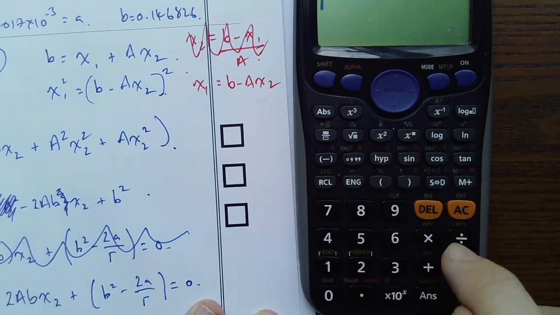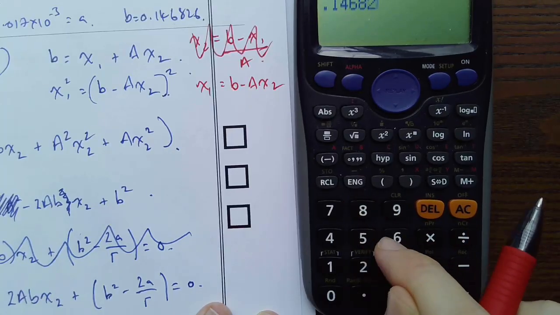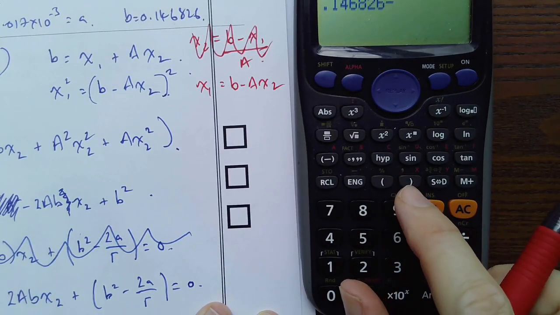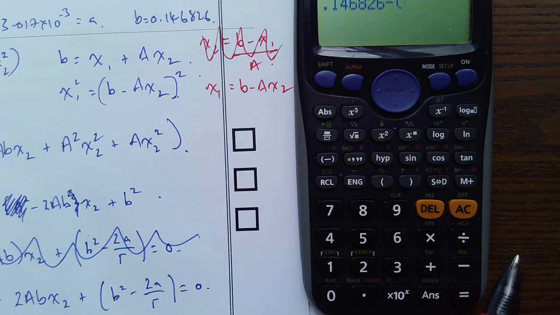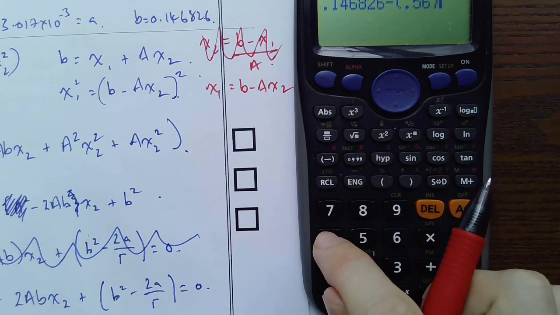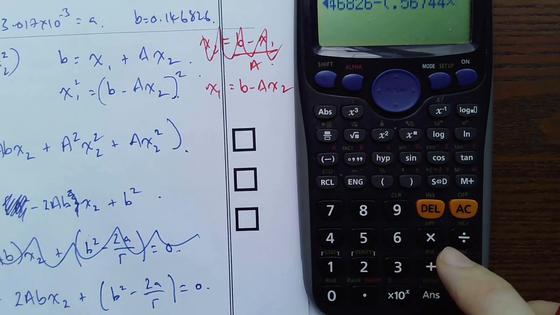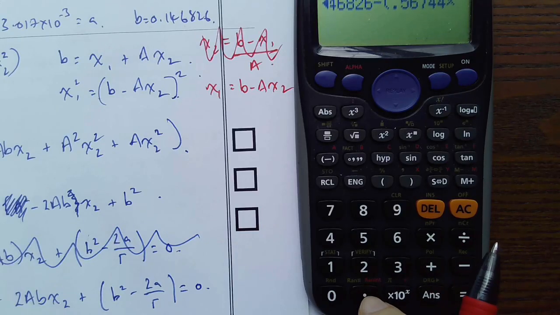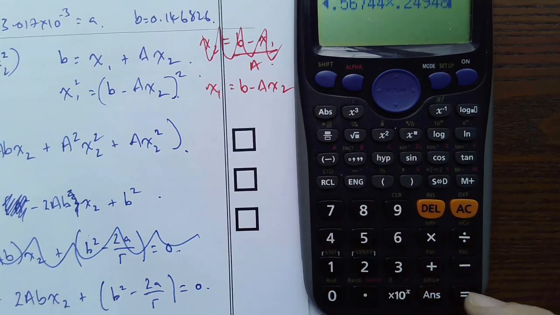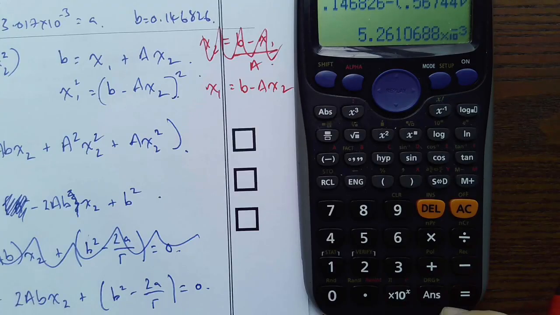Let's do b, 0.146826, take a, 0.56744, multiplied by the value of x2 that I just found, 0.24948. Fingers crossed it comes out positive, which it does.